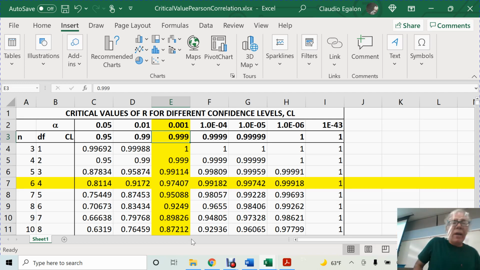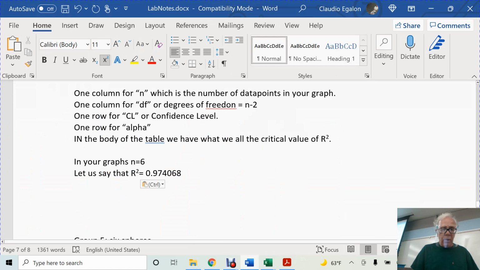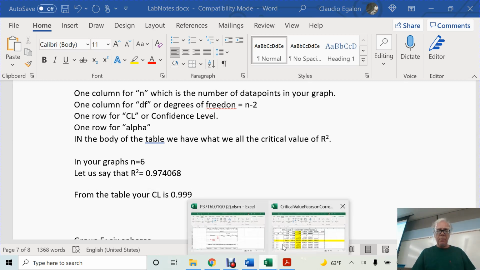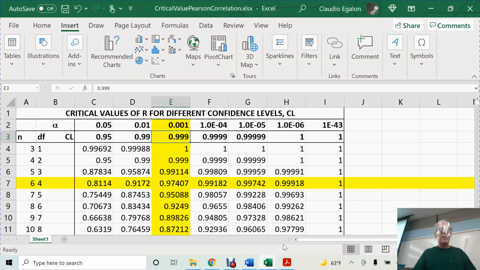What is the confidence level? The confidence level has a very important interpretation. So let's say from the table your CL is 0.999, right? Now the next question: what's the interpretation for the CL?